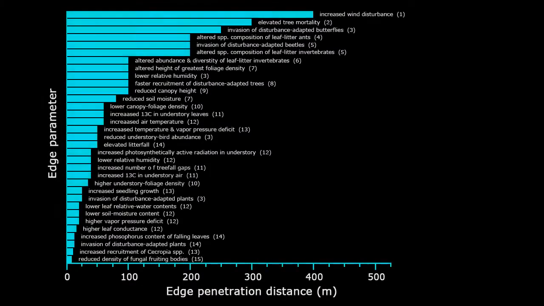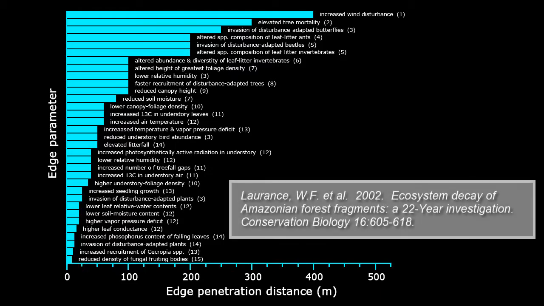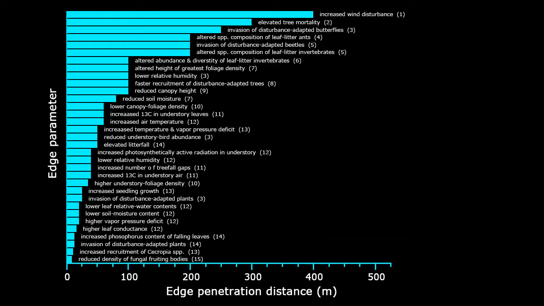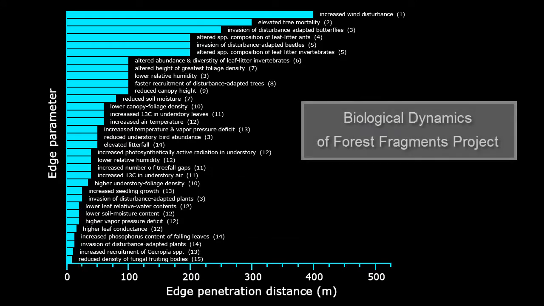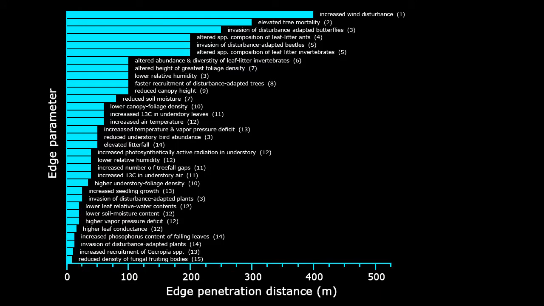So here's a graph that shows various edge effects. These are edge effects that were summarized by Lawrence and others in 2002 in a publication. And they summarize edge effects that were determined as part of something called the Biological Dynamics of Forest Fragments Project in Brazil. And this project was established in the late 1970s and early 1980s.